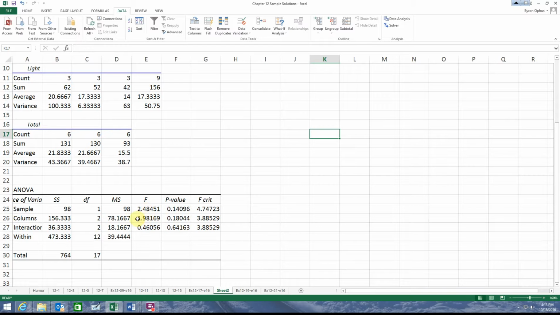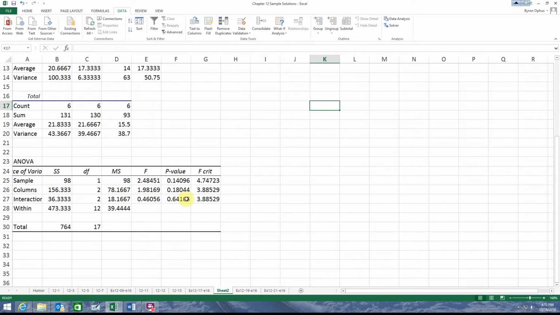And in this one, the F value, the columns then, I guess if this is columns, this one has to be rows, but they call it sample. We would say that for our columns, we cannot reject the null as well, and so our columns are equal.